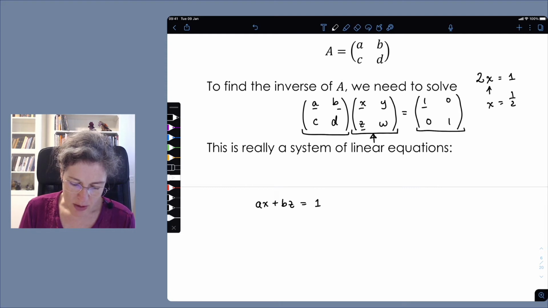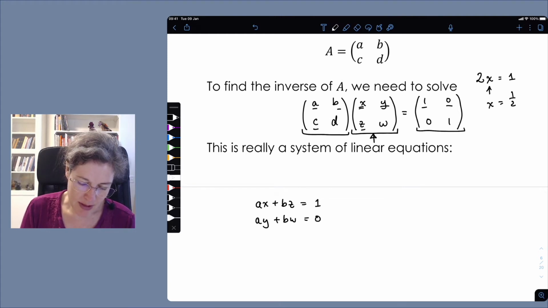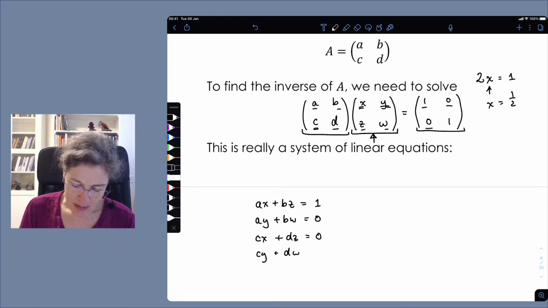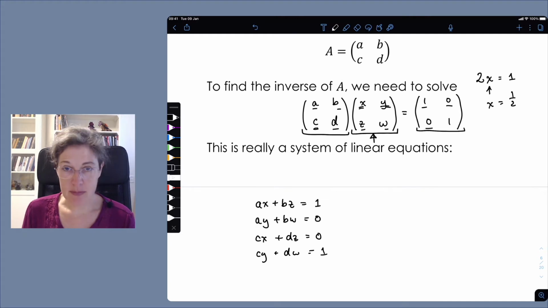I've got AY plus BW, and that has to be equal to 0. I've got CX plus DZ, and that has to be equal to 0. And then finally I've got CY plus DW, and that has to be equal to 1.